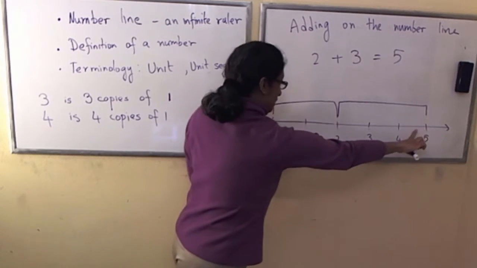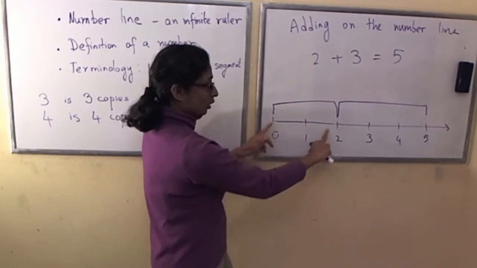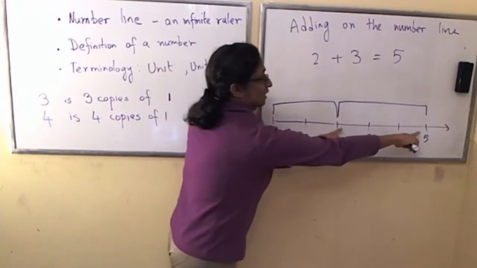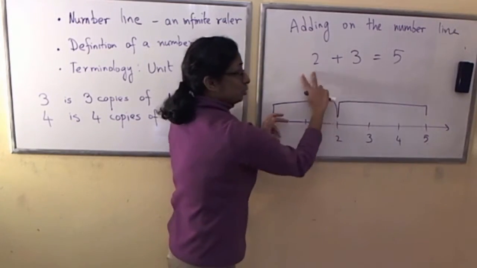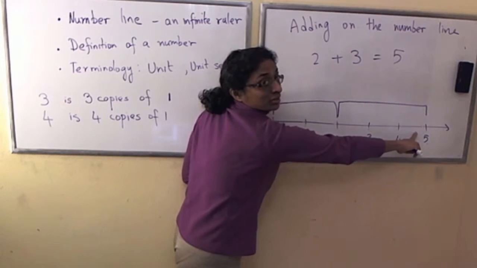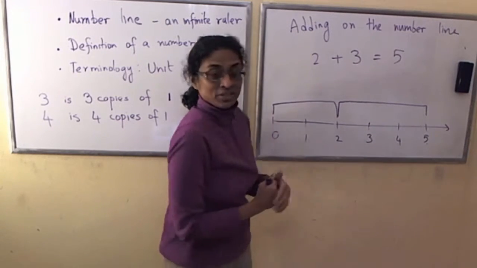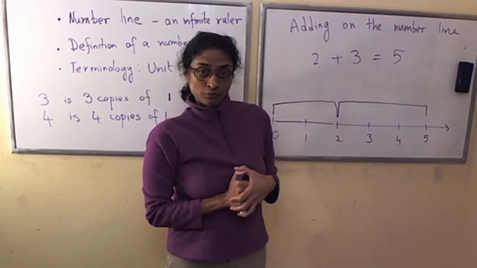So when we do that, we get this long segment that's composed of 2 pieces. One piece of length 2, second piece of length 3. And 2 plus 3 is to be understood as the length of this long segment, which you can see is 5 just because of the way we have placed the whole numbers 1, 2, 3, 4, 5.